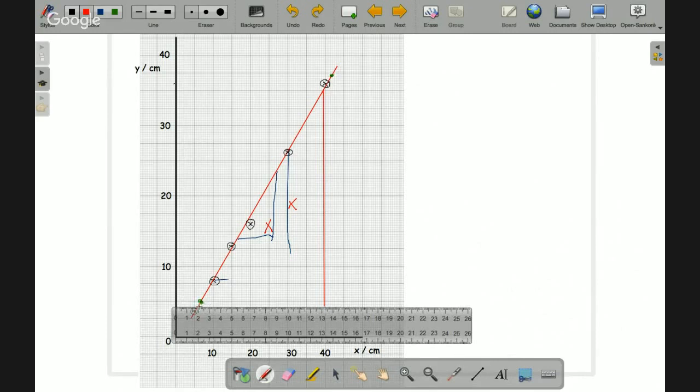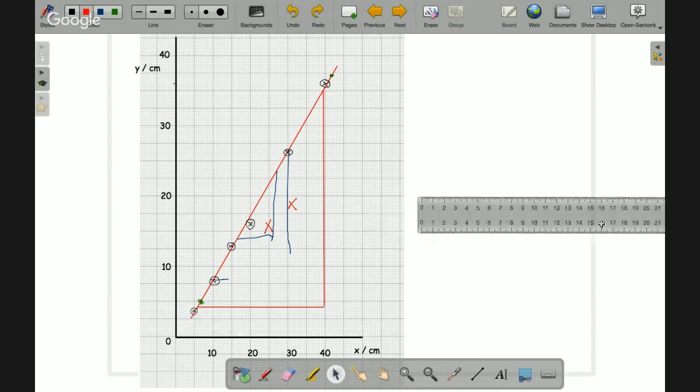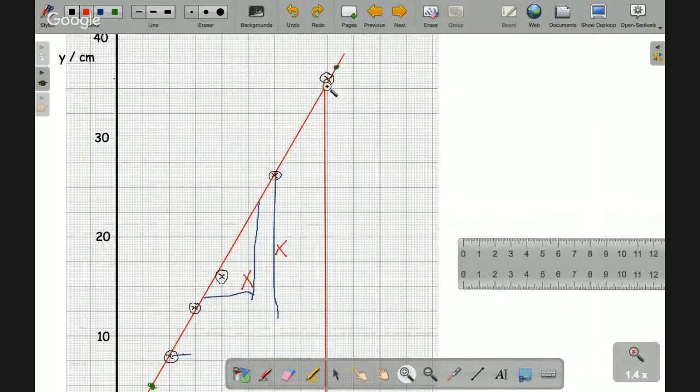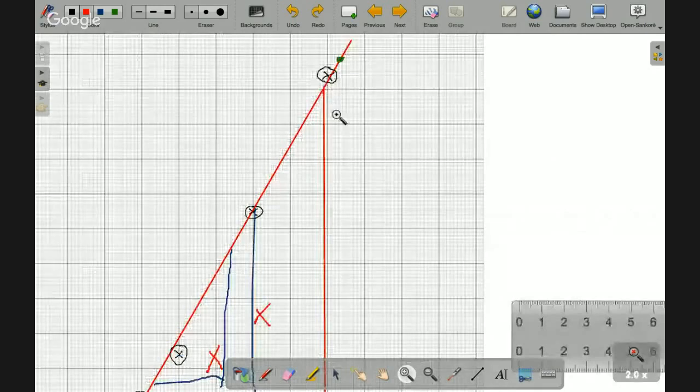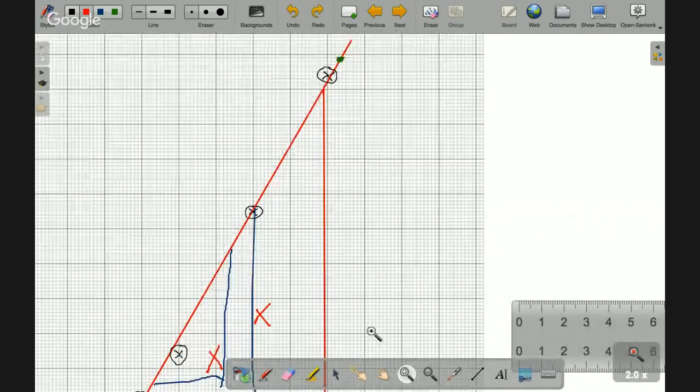Okay. So this is what you actually want to do. You draw a large triangle, and then you determine what your points are. So this point up here, let's just move this around a little bit.